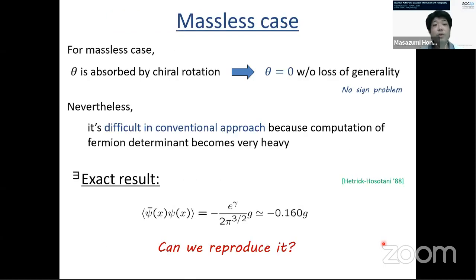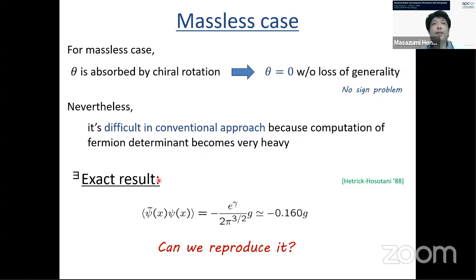Okay. And first, let us consider the massless case. For the massless case, theta can be absorbed by chiral rotation. So we can set theta equals 0 without loss of generality, meaning that we don't have a sign problem in Monte Carlo simulation. But nevertheless, it is known that it is difficult in the conventional Monte Carlo approach to study the massless case because the computation of the fermion determinant becomes very heavy.